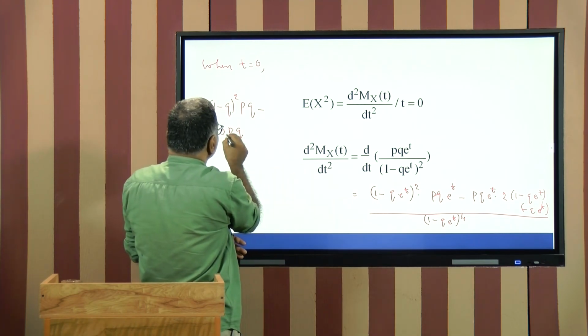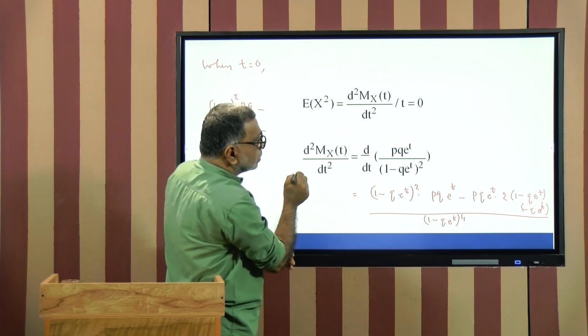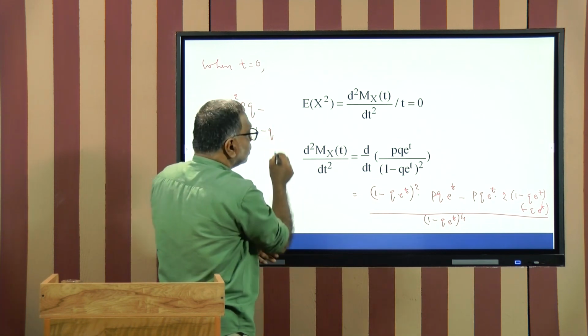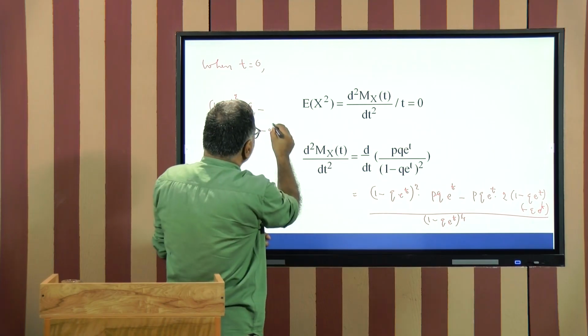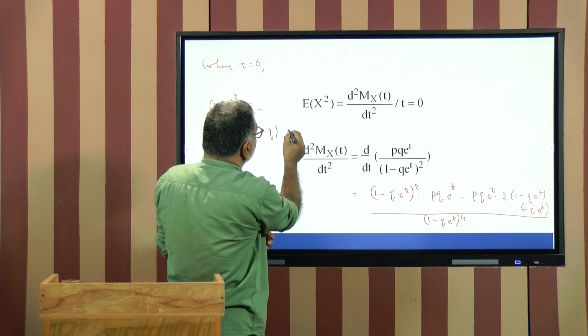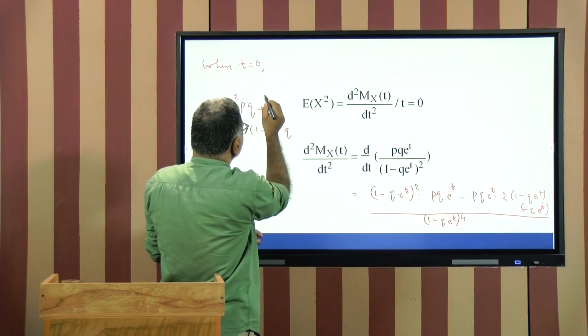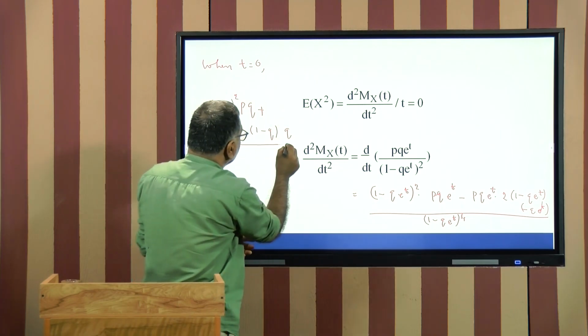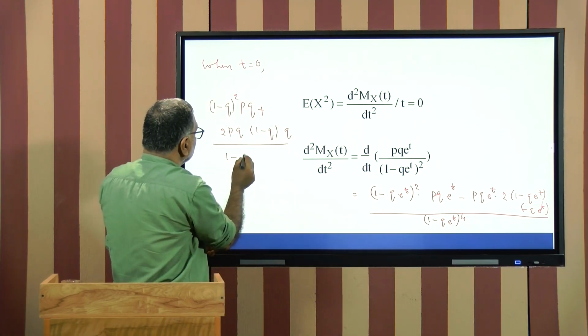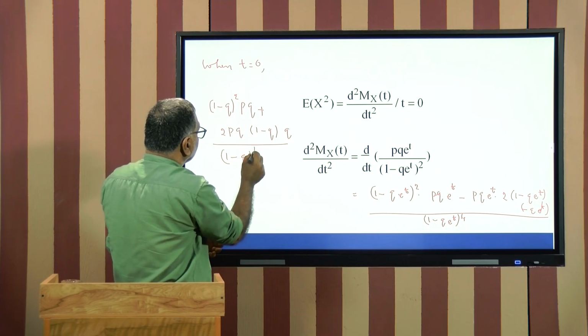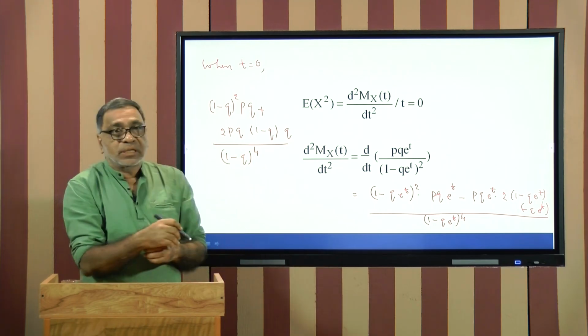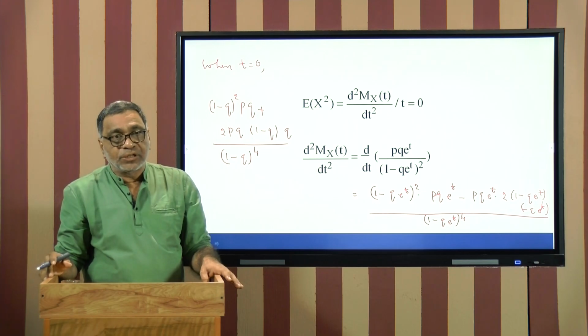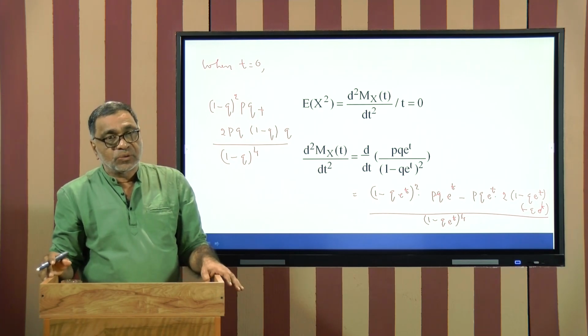So, 2 into (1 minus q e power 0) again into minus q e power 0, divided by (1 minus q) power 4. So, that is the second derivative of the moment generative function when t is equal to 0.